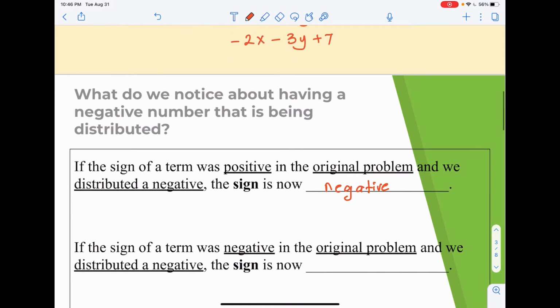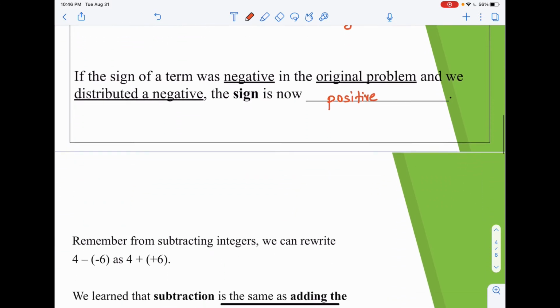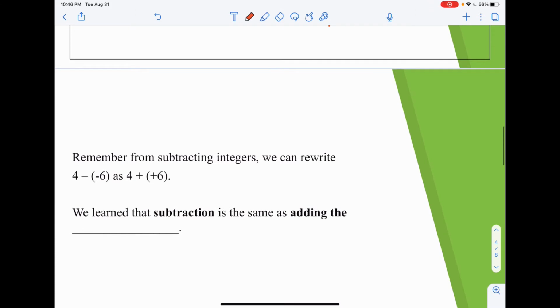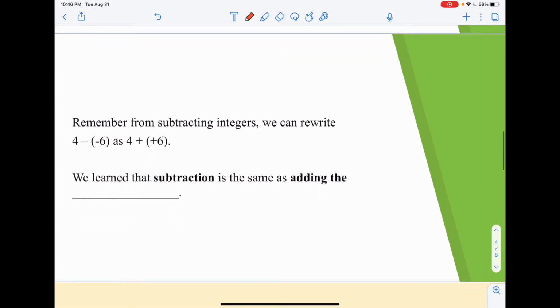If the sign of a term was negative in the original problem and we distributed a negative, the sign is now positive. Okay? Remember, from subtracting integers, we can rewrite 4 minus negative 6 as 4 plus positive 6. We learned that subtraction is the same as adding the opposite.